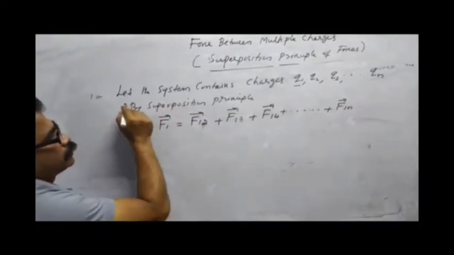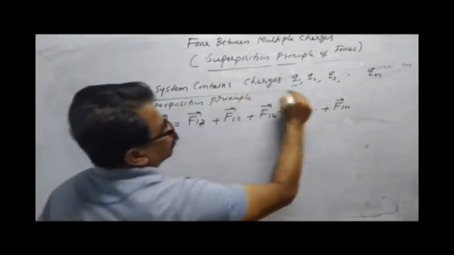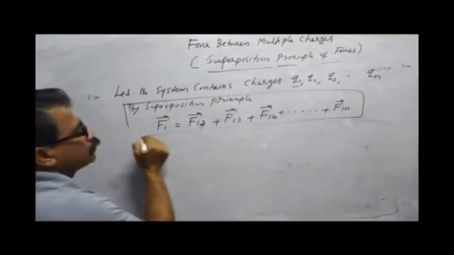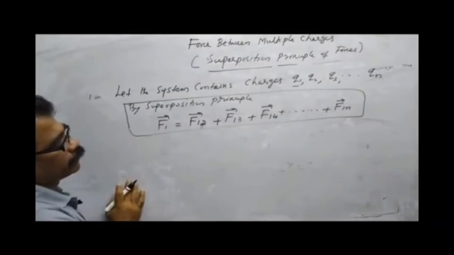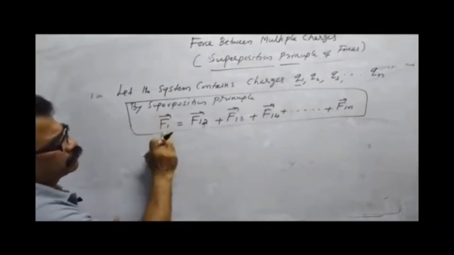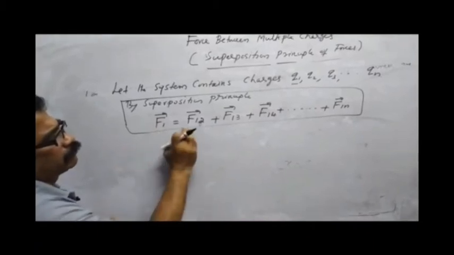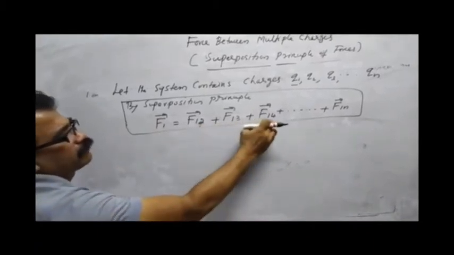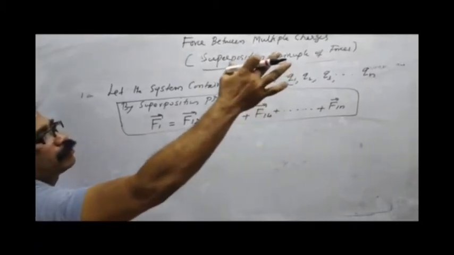This is the superposition principle. How will you write the superposition principle using an equation? So very simple. The total force on a particular charge F1 equal to F12 plus F13 plus F14 plus etc. F1n.